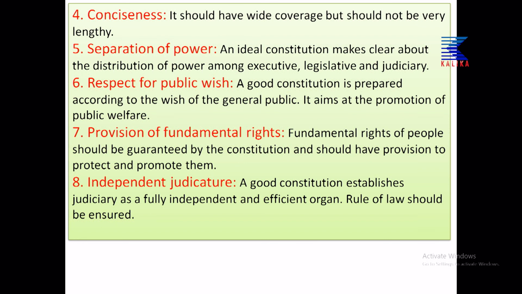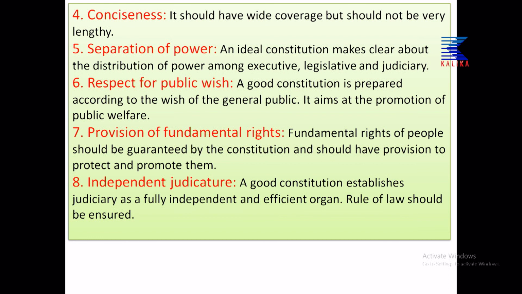And the next one is independent judicature. To make a constitution ideal, it should make the judiciary a fully independent and efficient organ.